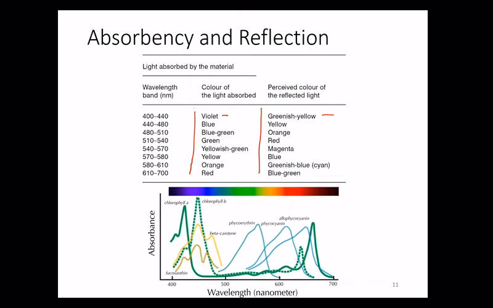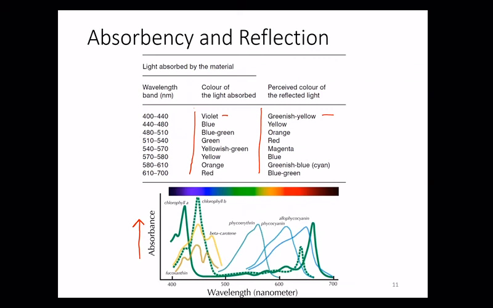And on the bottom here, we're showing absorbance, how much energy is absorbed at the wavelengths of light that are present there, moving from 400 up to 700. And so we can look at a couple of different pigments to see how light's being absorbed there.